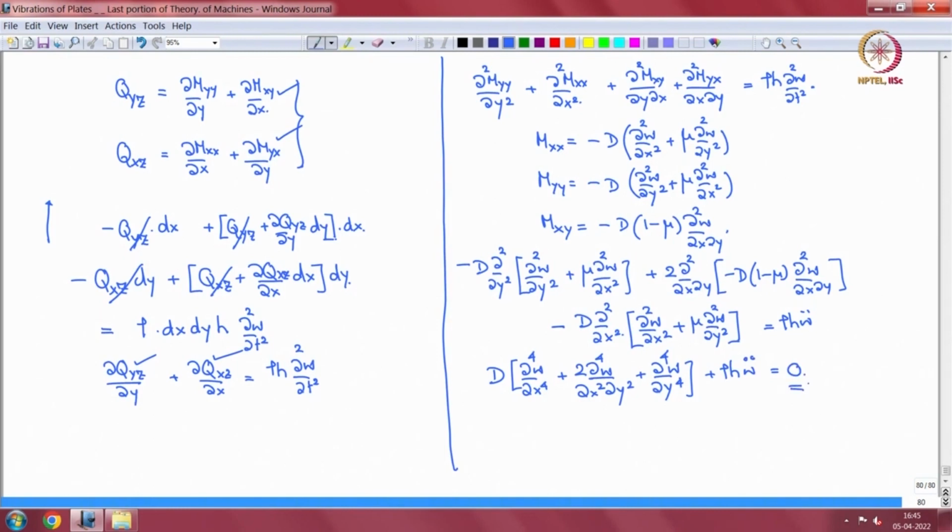There is no forcing. So that's how you get the plate equation from force balance.